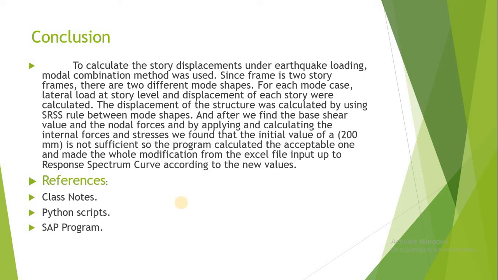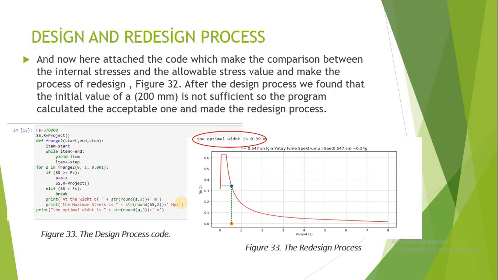So the program calculated the acceptable one and made the whole modification from the Excel file input up to the response spectral curve according to the new values. Here in the code that we have written, it takes the new value of A. For example, when it's 0.2, it increases to 0.21, takes this value and puts it in the Excel file.